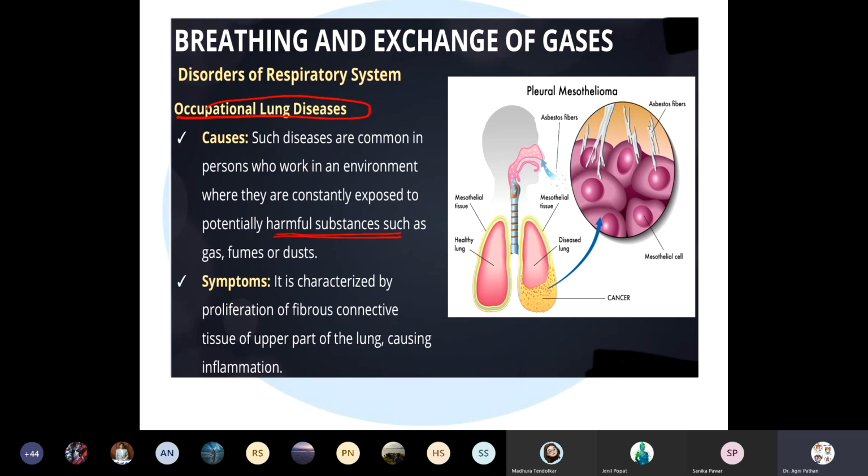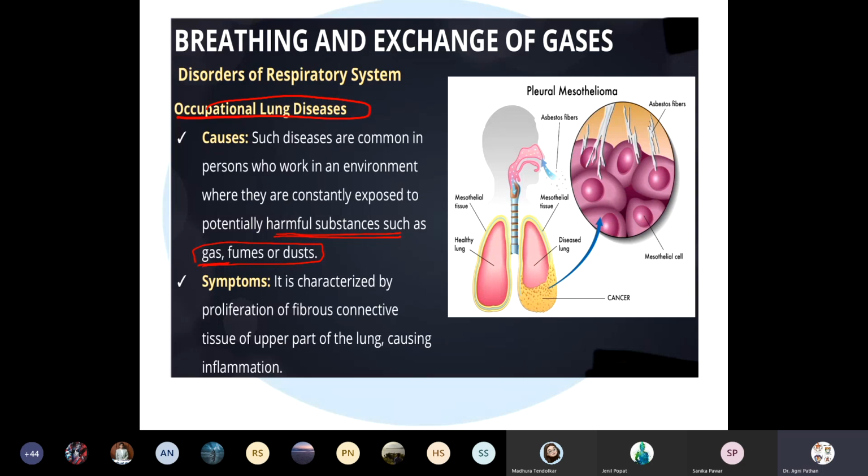The people who work in factories, cement factories, plastic factories, stone factories, working with harmful substances such as gas, fumes or dust, come across this kind of occupational lung disorder.